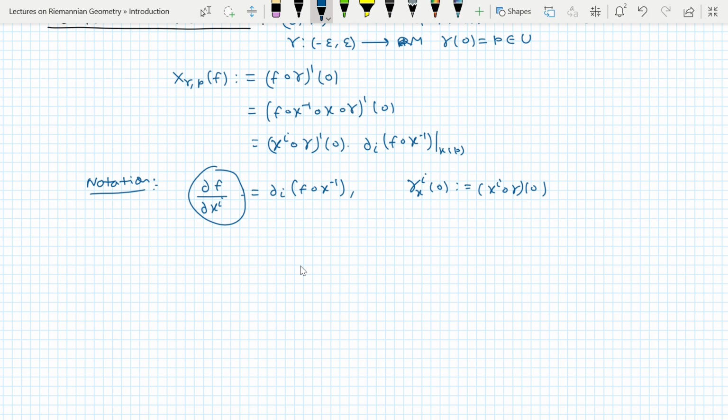See, when you look at it, since you have been doing geometry on Euclidean space, the moment you look at this notation, you think, oh, this is the partial derivative. But the thing is, when you are working on a general manifold, this is just a notation. It has nothing to do with the partial derivative.